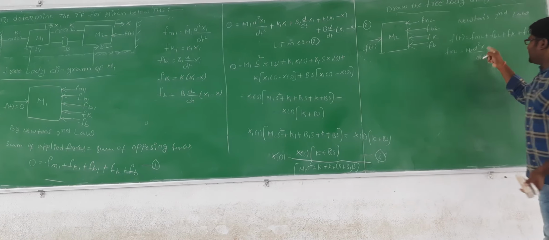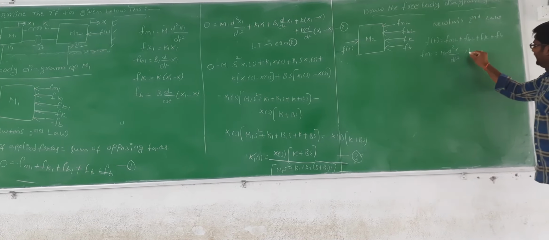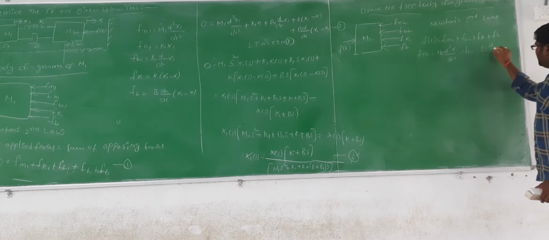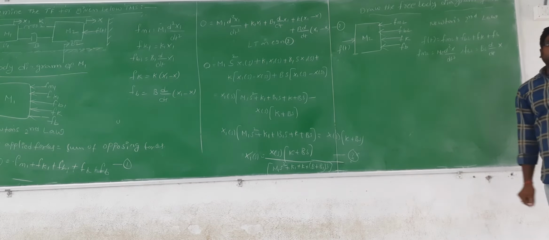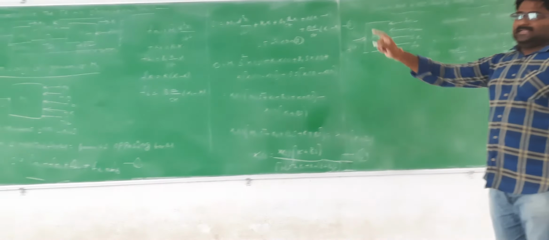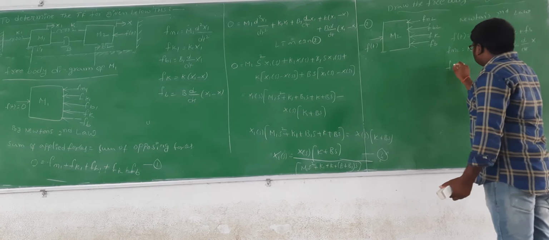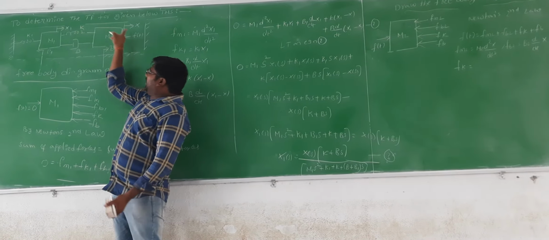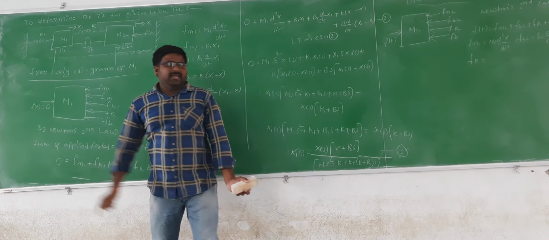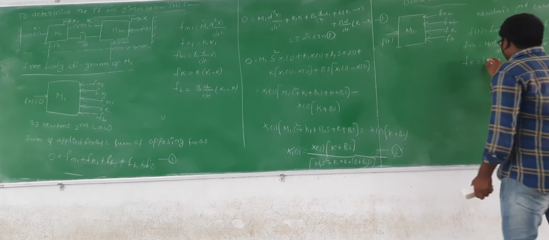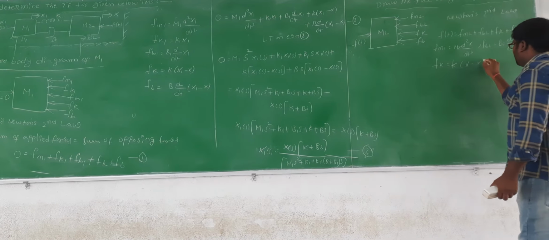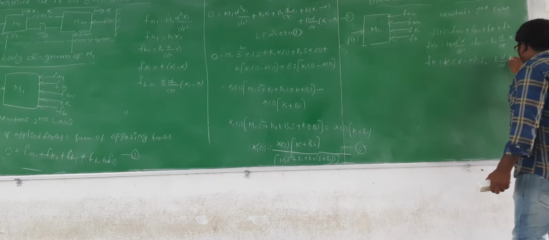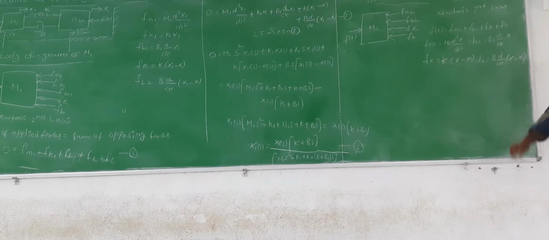Fb2 is b2 into d/dt of x. The second mass displacement is x, and for Fk, K is connecting between the two displacements x1 and x. So Fk is k into (x minus x1), and Fb is b into d/dt of (x minus x1).